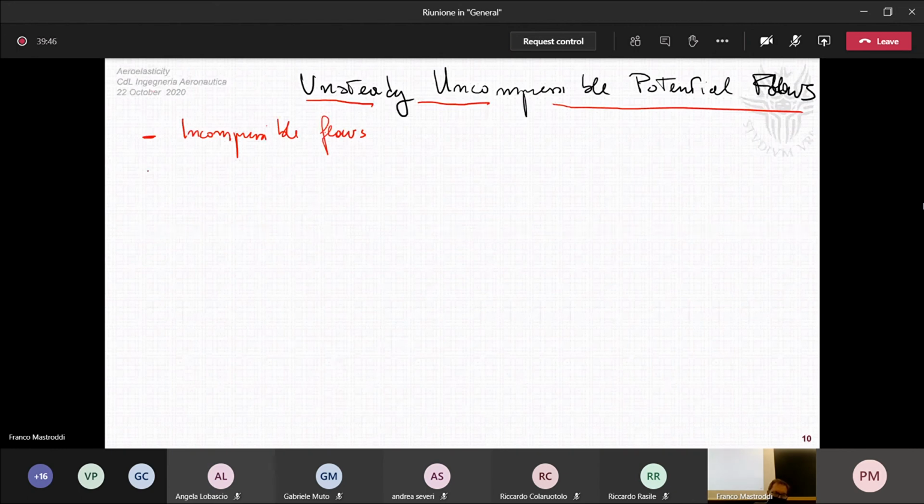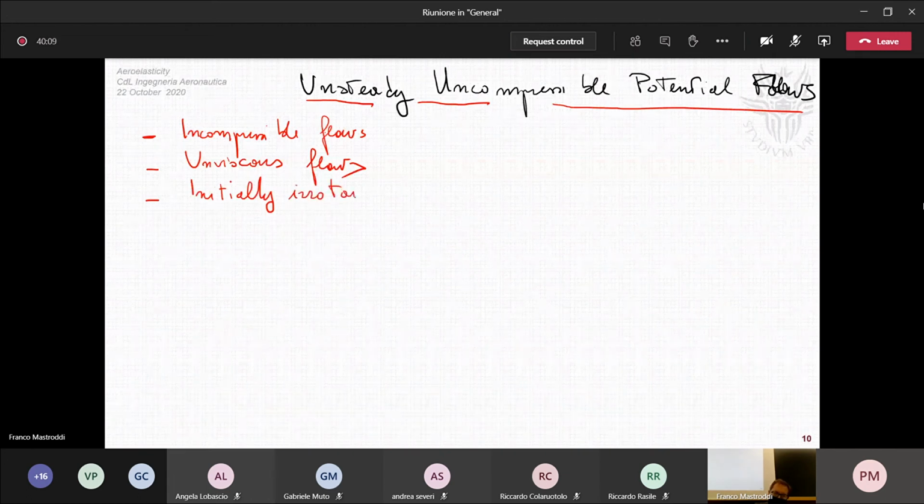We want to consider inviscid flow, we want to consider initially irrotational flow, and we want also to consider adiabatic transformation.